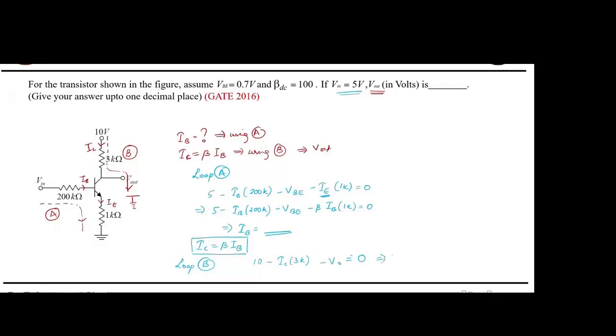Now from here, can you solve for IC? Using this relation, since you already know IC, you can substitute it here. Yes? Now, can I move on to the next question?